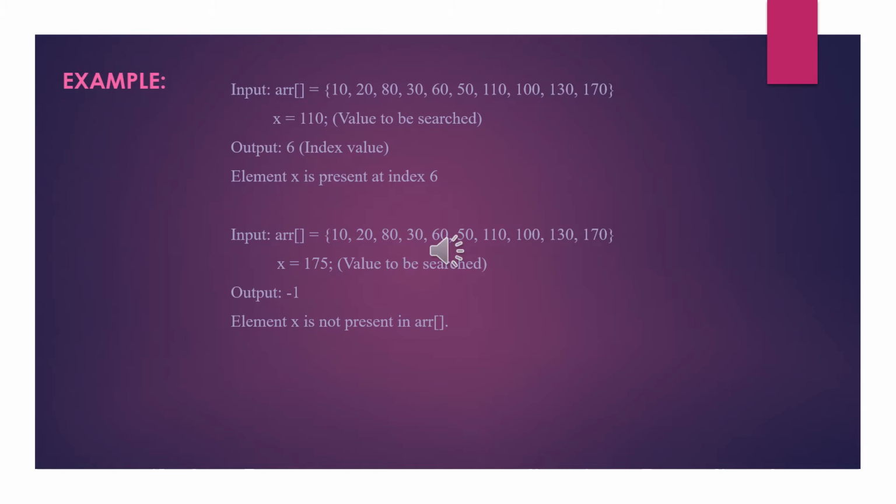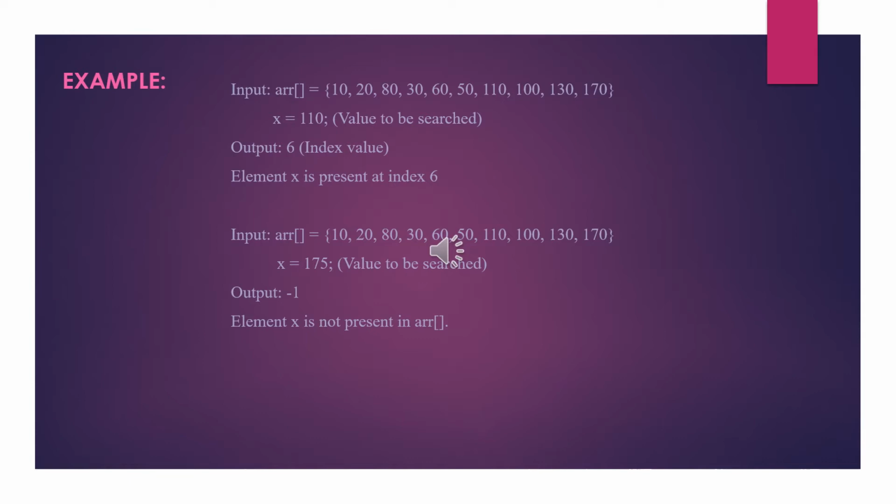So in linear search, we start searching from the first value, that is 10. If it doesn't match with 110, then we check 20, then the next, till the value matches the value we are looking for, that is x. And if it never matches, that means it is not present. So 110 is present in the array, so the output is 6, which is the index value. That is, element x is present at index 6.